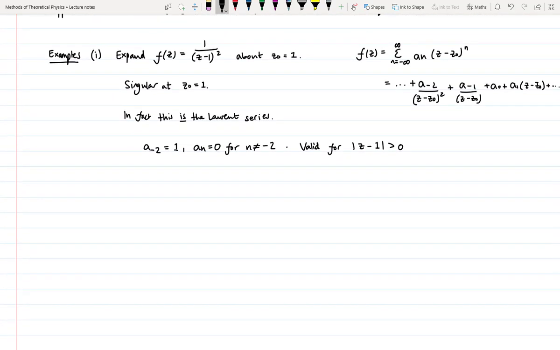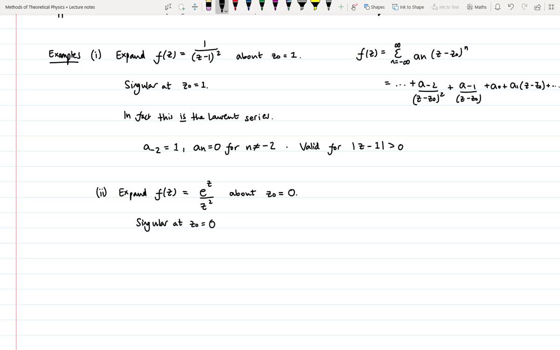The next example, we'll see how we can use Taylor series. Let's consider expanding f of z equals e to the z over z squared about the point z0 equals 0. Once again, we can confirm that this function is singular at the chosen expansion point.